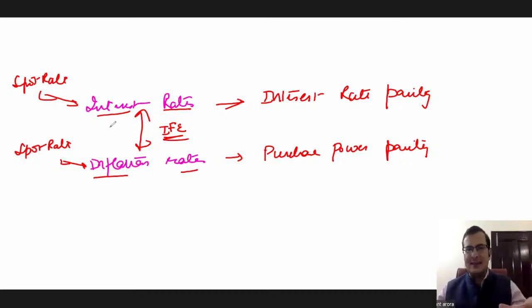If India has an interest rate of 6%, and US has, let's say, an interest rate of 2%, they have an interest rate lower than India. So they will have a stronger currency than India. And we know that, the proof we already know. So this is the concept over here.